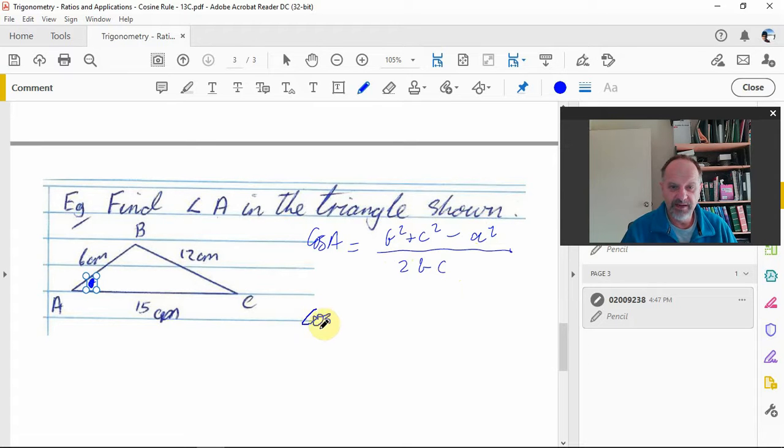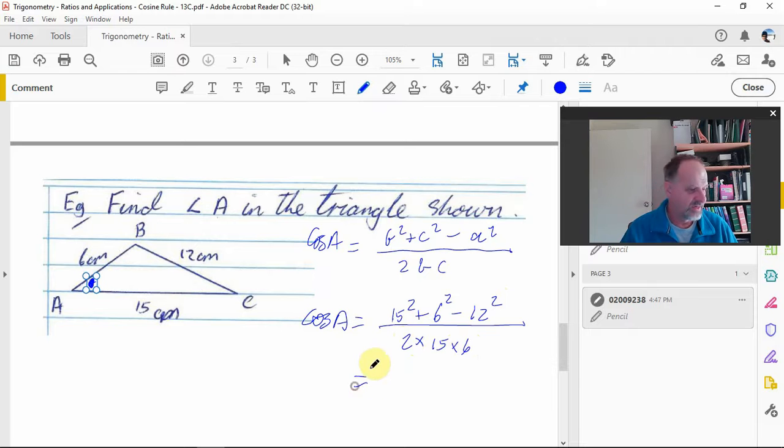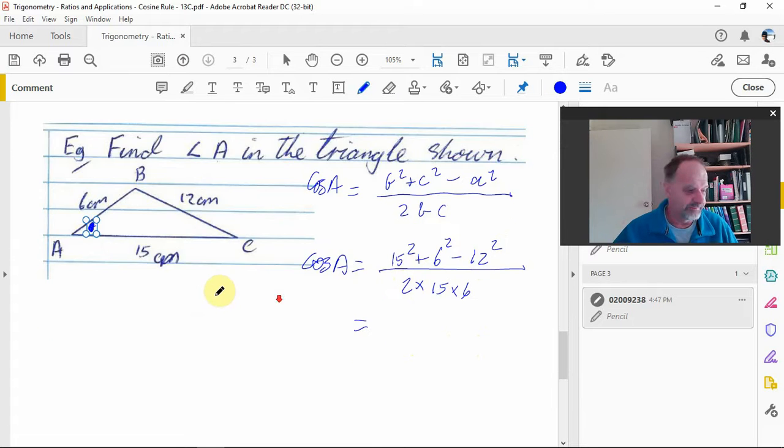So the cos of A. All right, B, remember B's opposite there, so 15. C squared, opposite C, 6. Minus A squared, opposite the A is 12. Over 2 times 15 times 6. And then you can work all of that out if you want.